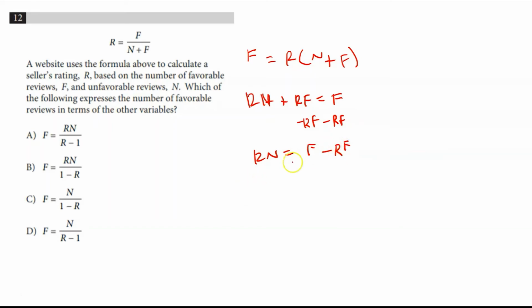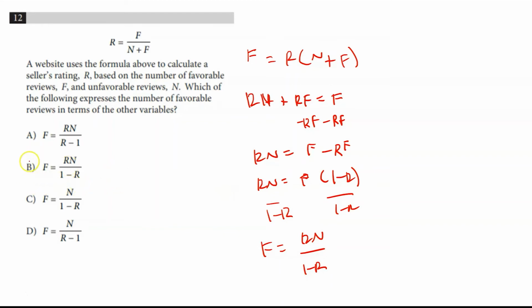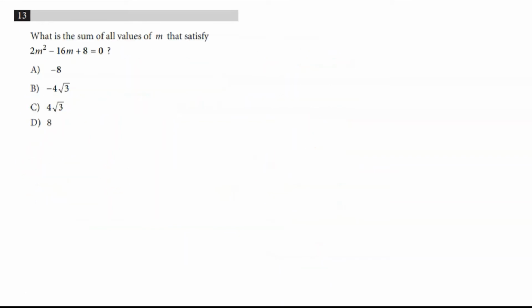We can factor this, so we have that Rn equals F times quantity 1 minus R. And then finally, we can divide each side by 1 minus R because we're trying to isolate F. Divide by 1 minus R, divide by 1 minus R, F equals Rn over 1 minus R. And looking through our answer choices, that is answer choice B.